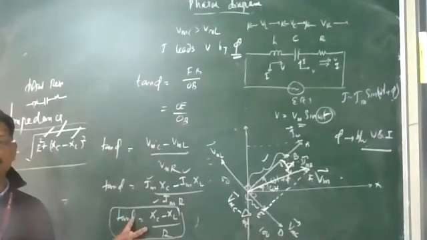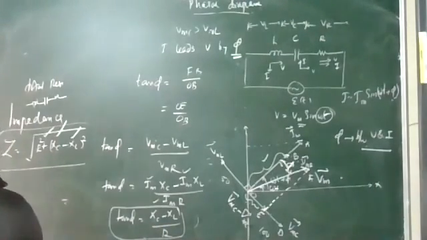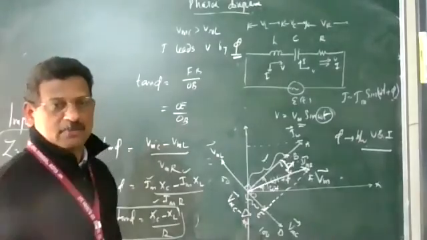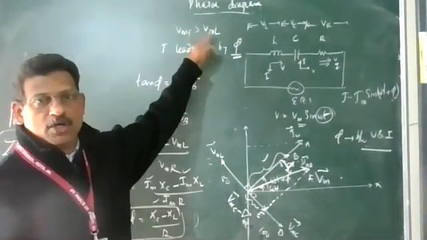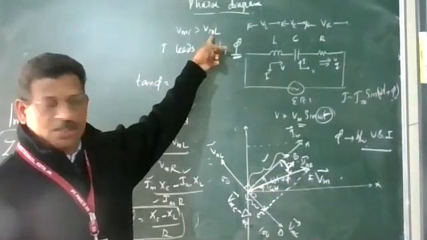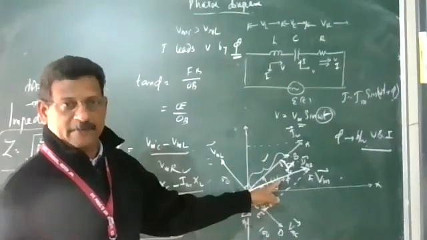So current leads voltage by an angle phi, where tan phi equals XC minus XL divided by R. This is a very important point in the phase difference. So we have seen case 1, where capacitor voltage is greater than inductor voltage and current is leading the voltage by an angle phi.